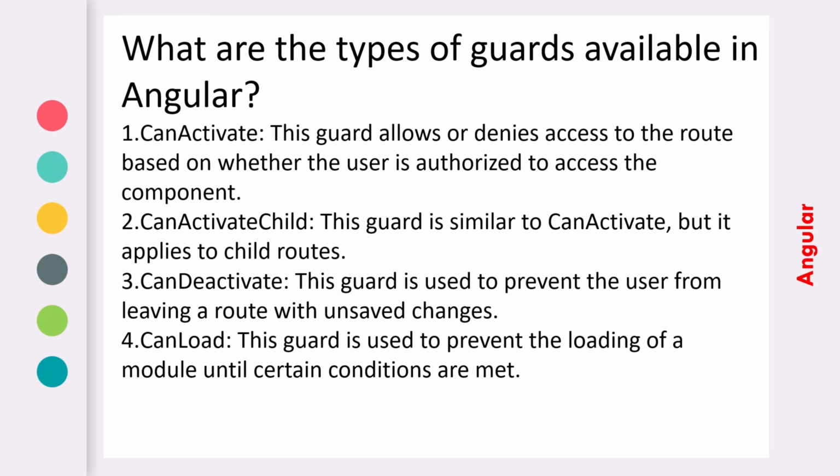What are the types of guards available in Angular? There are 4 types of guards available. CanActivate: this allows or denies access to the route based on whether the user is authorized to access the component. CanActivateChild: it's similar to CanActivate, but it applies to the child routes.